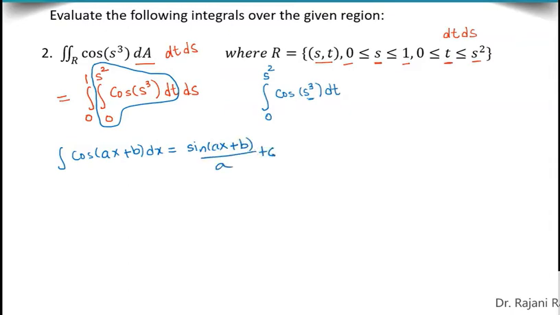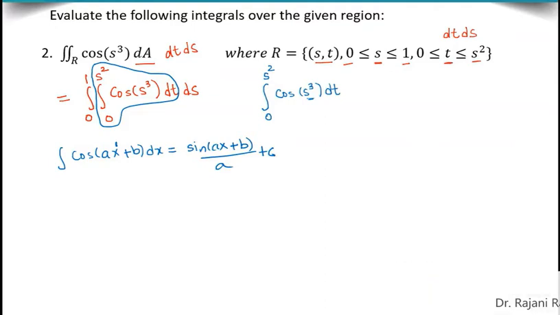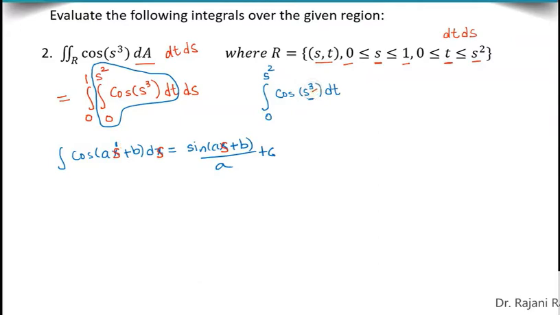But remember, this rule works only when the power of x is 1. What will happen if our variable becomes s? Nothing, the rule will not change. In place of x, you will have s. So the rule works exactly the same, but the power of s should be 1. But what we have is power of s as 3.